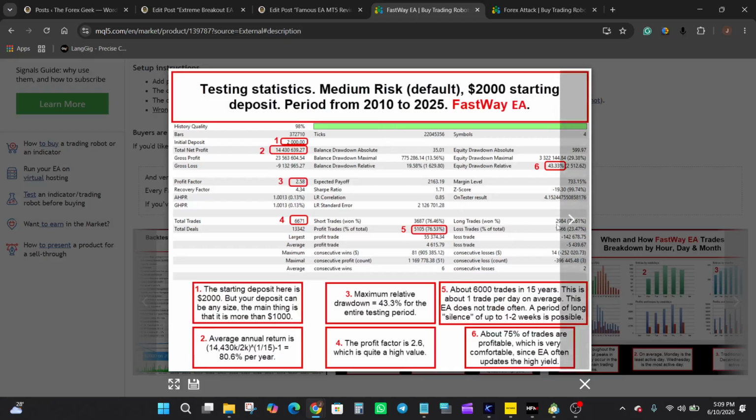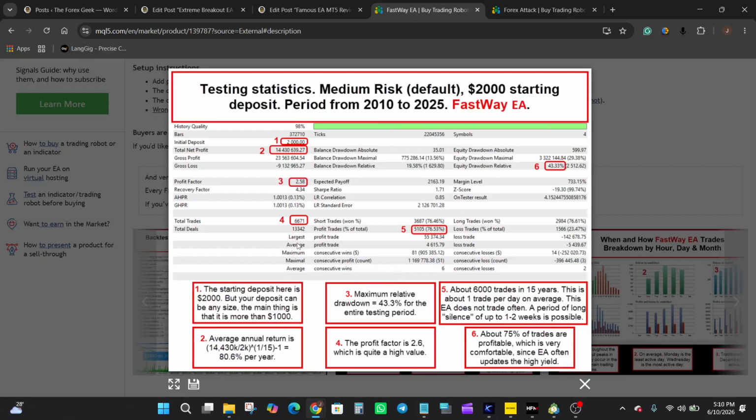Long trades were 2,984 with a 76.61% win rate. So the profitable trades were 5,105, giving us a 76.53% win rate from the total trades taken.